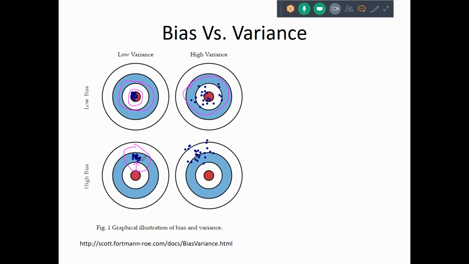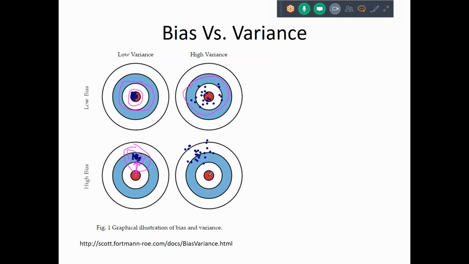Is there variance in this data? There is very low variance, but there is a bias. All your shots are hitting away from your target, but all of them are close to one point, which means there is some problem, and that is called bias.